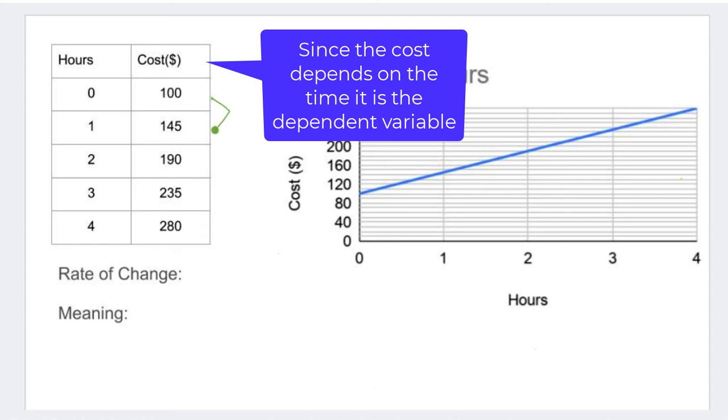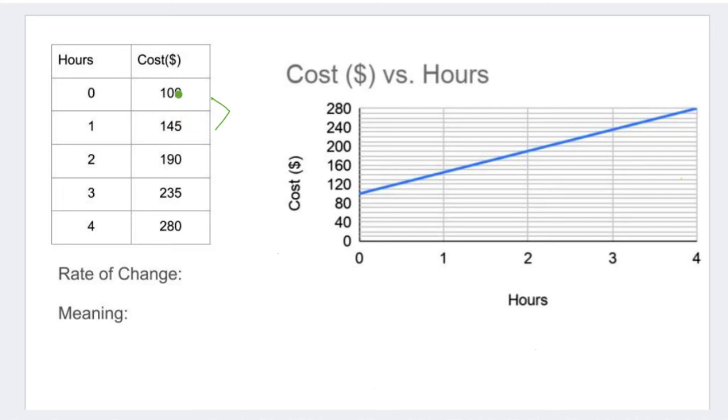So we're checking the difference, 145 minus 100. So it's increasing by 45 as the time increases by 1 hour. And we can see that in every single case, the difference in y is 45. So this is definitely linear, which is where this graph comes from.